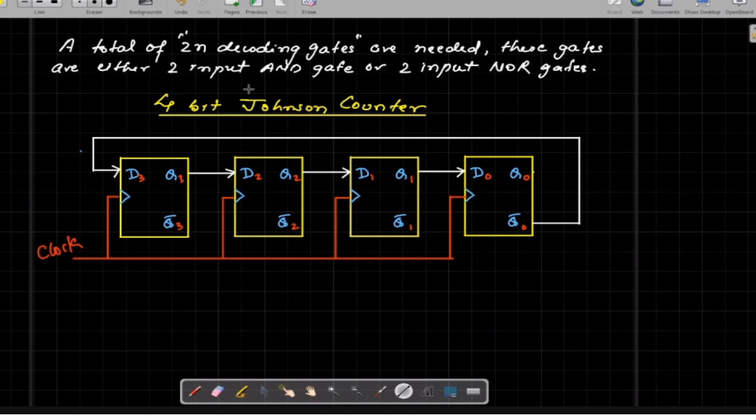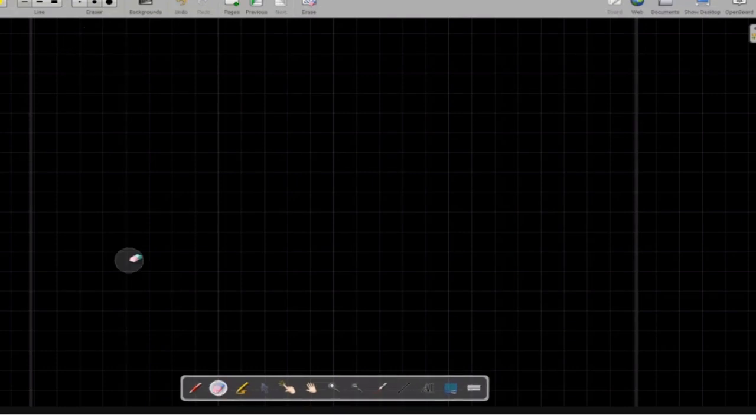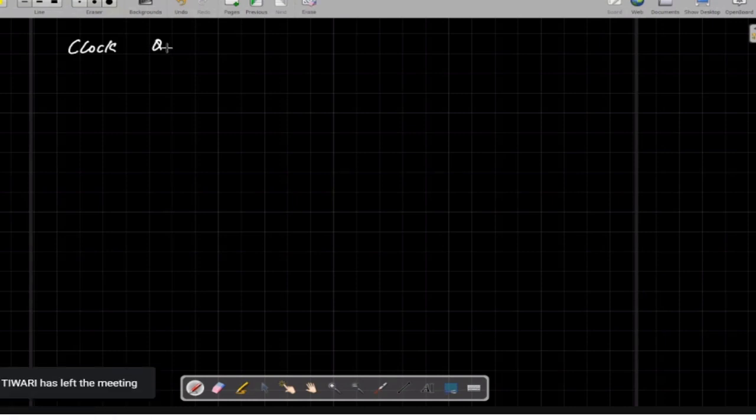Let's again try to understand the functionality of this 4-bit Johnson counter with the help of one table. Then let me draw this table with the clock input. This is the clock input. Then we have to focus on what is the individual output of the flip-flop. So I'm going to write this is Q3, Q2, Q1 and Q0.